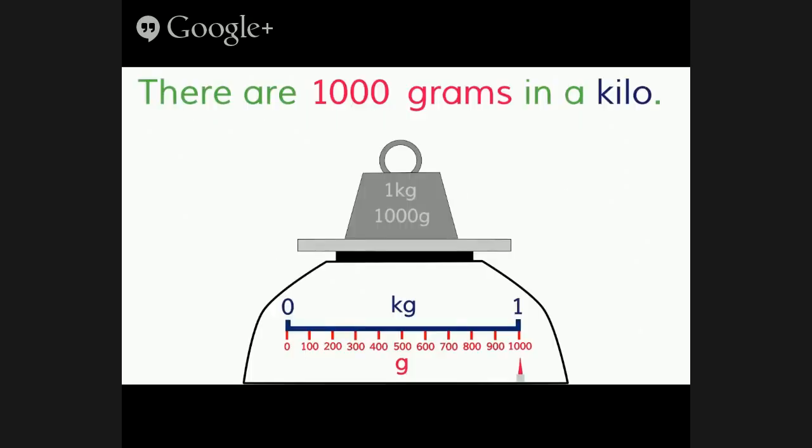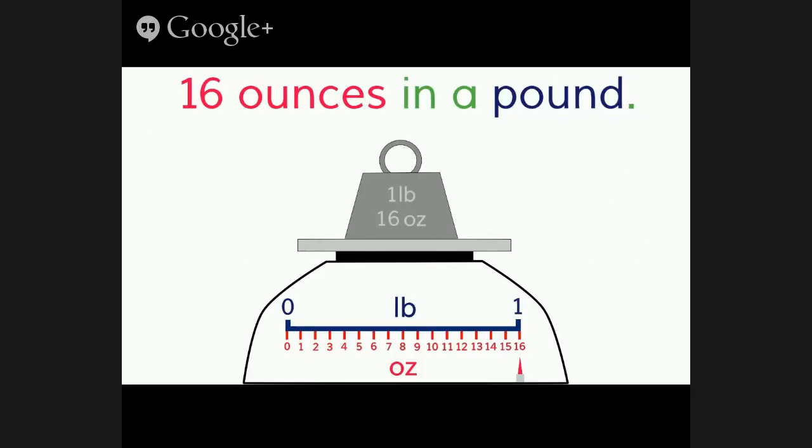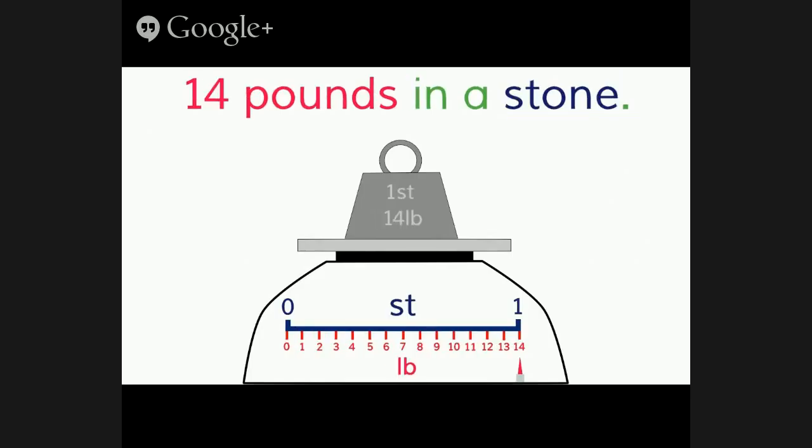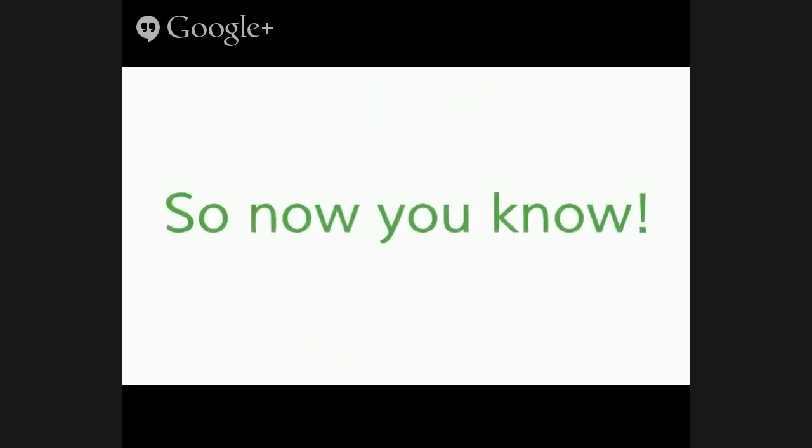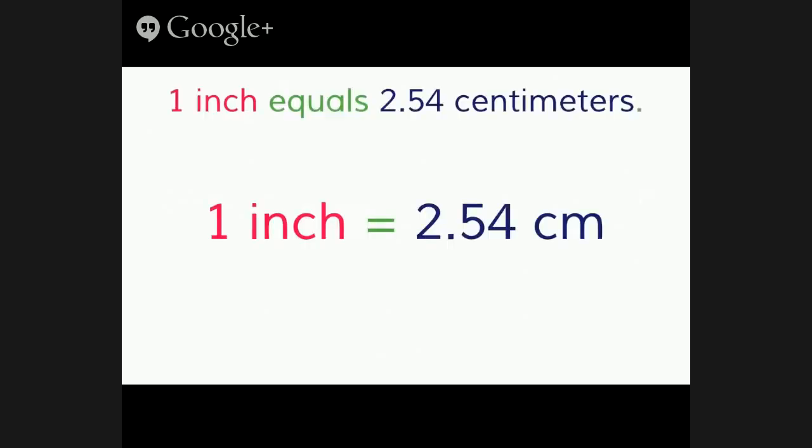There are 1,000 grams in a kilo, 16 ounces in a pound, 14 pounds in a stone. So now you know, 1 inch equals 2.54 centimeters.